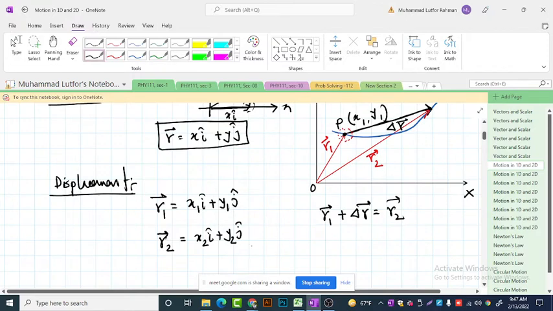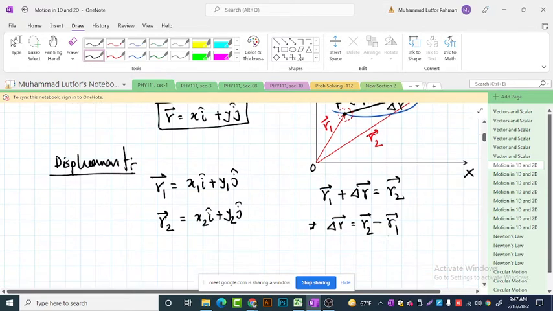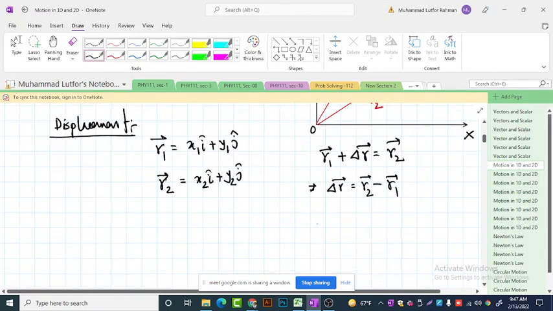Can I write this? Yes, sir. Then del r is going to be r2 minus r1. That's the displacement between the points P and Q that I want to find. Now I know r2, so r2 is x2 i hat plus y2 j hat minus x1 i hat plus y1 j hat.